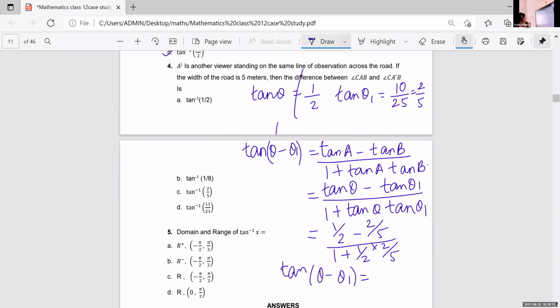Make it fast. Achyut, what is the answer?